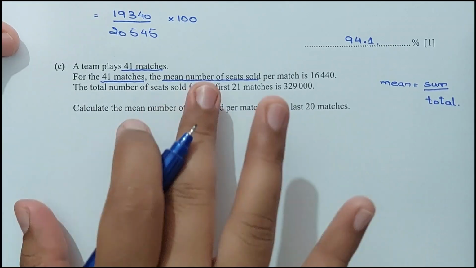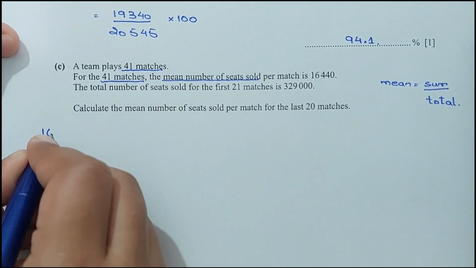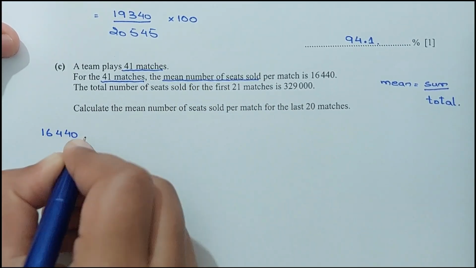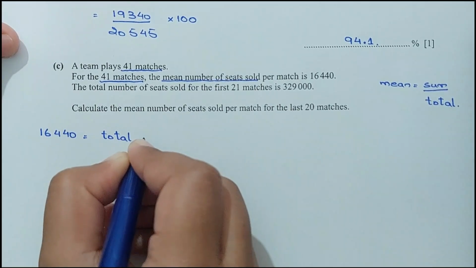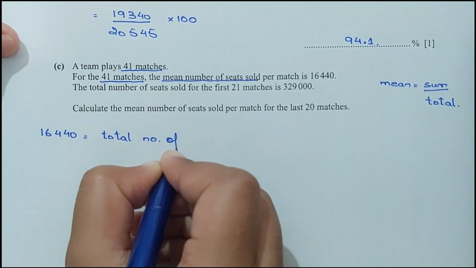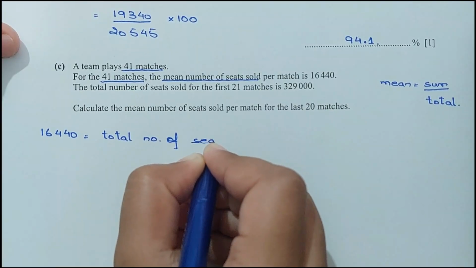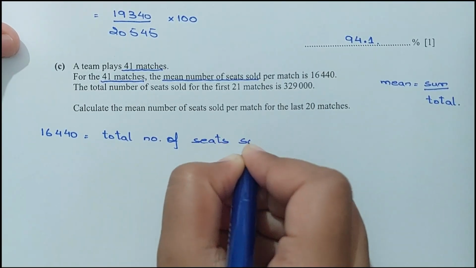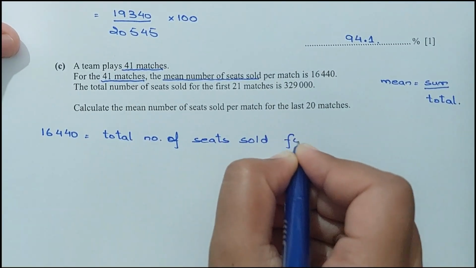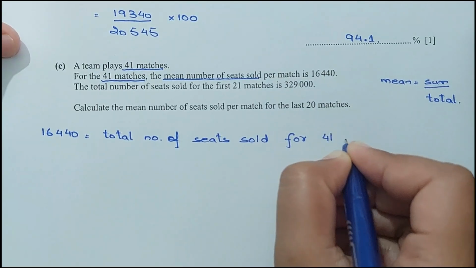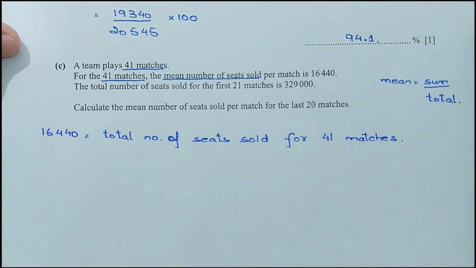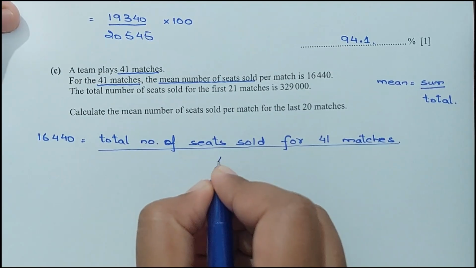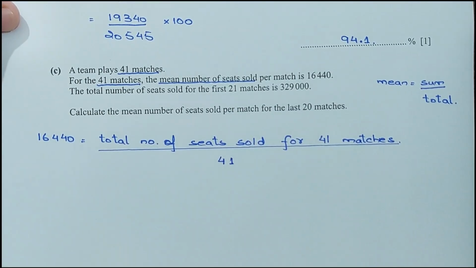Okay, so the mean we are given, 16,440, equals the total number of seats sold for 41 matches divided by the total number of matches, which is 41.